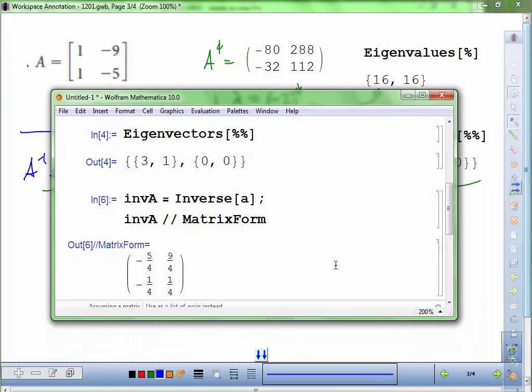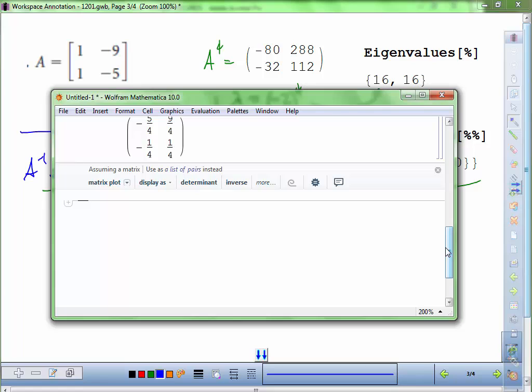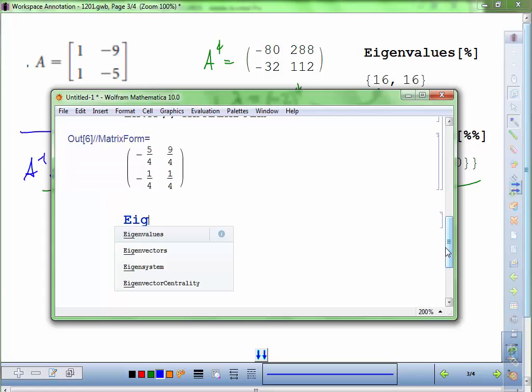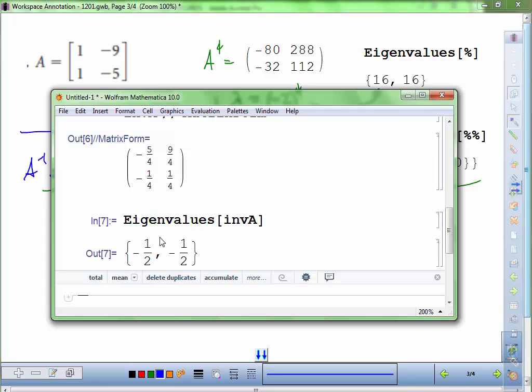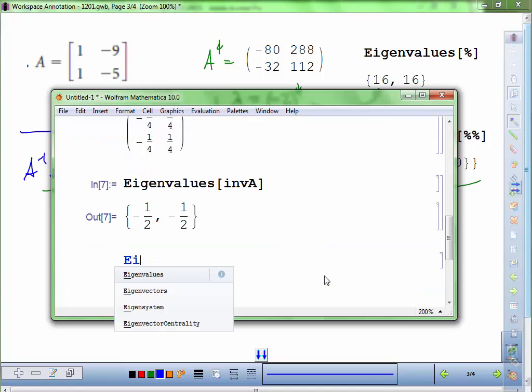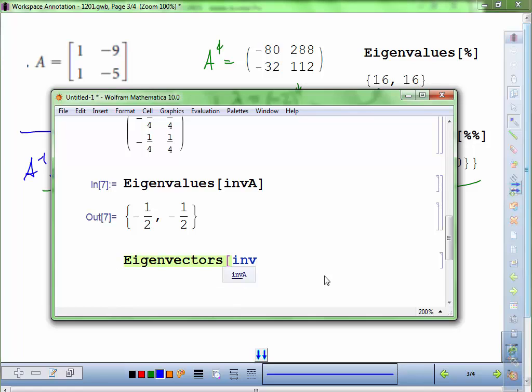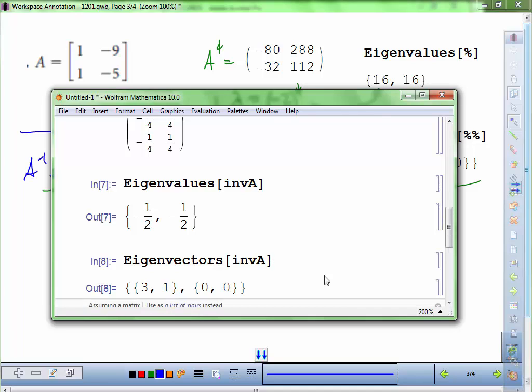And then we want to find the eigenvalues and eigenvectors. So negative a half, as we expected, and the eigenvectors are again 3, 1.